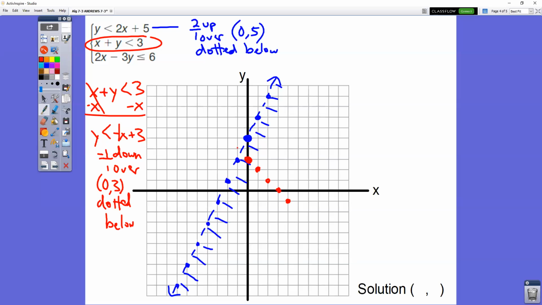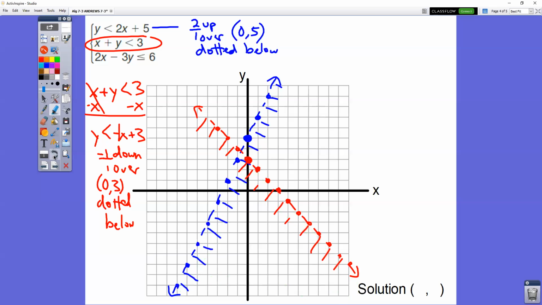I'm going to work that pattern backwards as well, and keep going to get a more accurate graph. I'm going to use a dotted line to connect the dots, and I am shading below that line. So right now, I've narrowed down the solution area to be right in here.